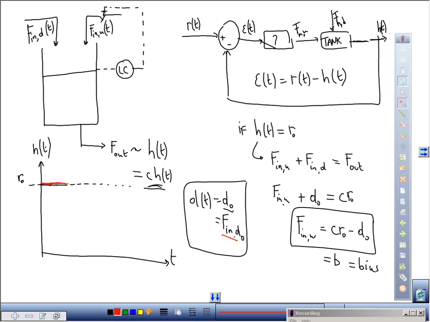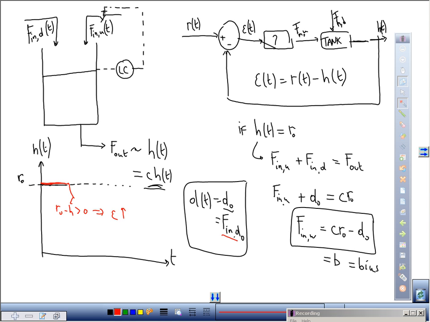Assume it decreases, then my level will start to go down, and I want to bring it back to the desired level R0. Then, of course, I should not just send out the bias, but I should do an extra effort. Now, in this case, we see that reference minus the level here has become bigger than 0. In other words, the error has become positive and is increasing.